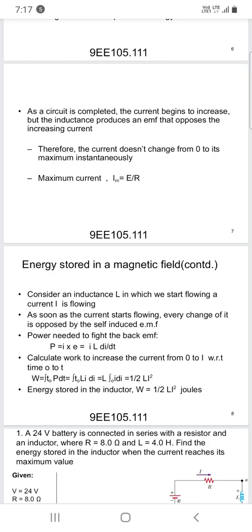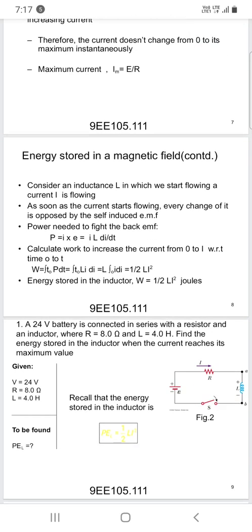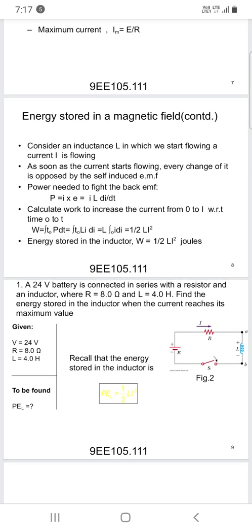The maximum current I maximum is equal to E by R, where I equals V by R according to Ohm's law. Here E is the battery and R is the resistance. So the maximum current is E by R.